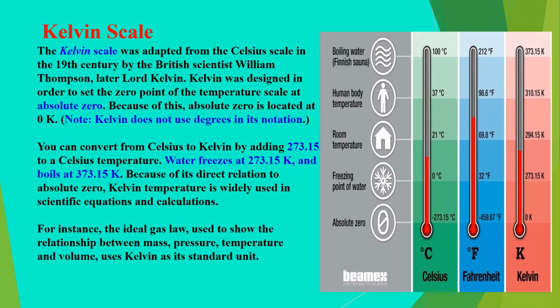Note that Kelvin does not use degrees in its notation. You can convert from Celsius to Kelvin by adding 273.15 to a Celsius temperature. Water freezes at 273.15 Kelvin and boils at 373.15 Kelvin.